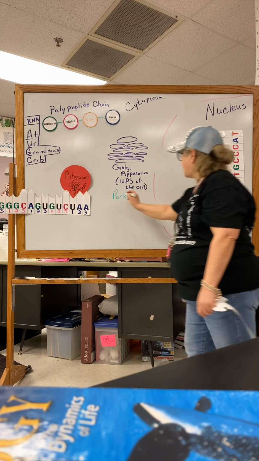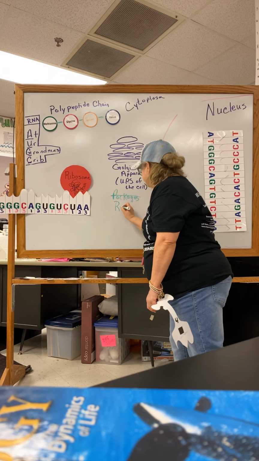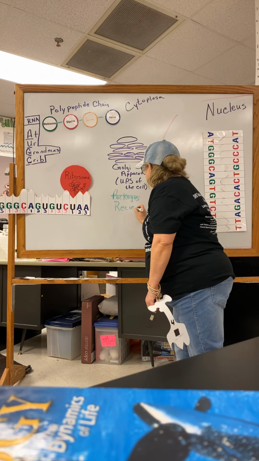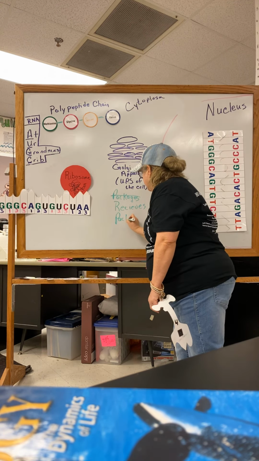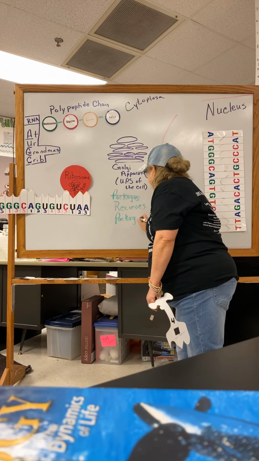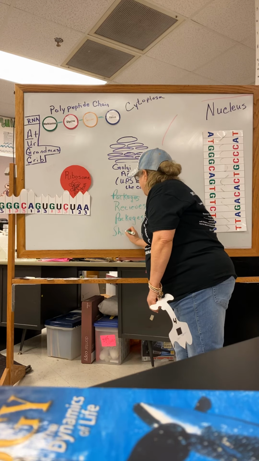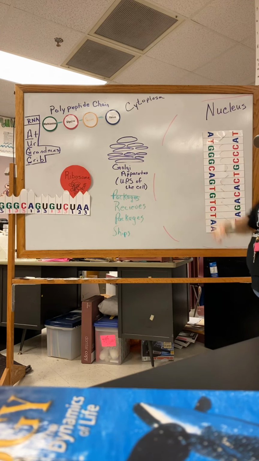Wait a minute, got that wrong. It receives things first. It has to receive it before it packages it. Then it packages things. And then UPS will ship it out. Well, what does the UPS of the cell do, the Golgi apparatus.